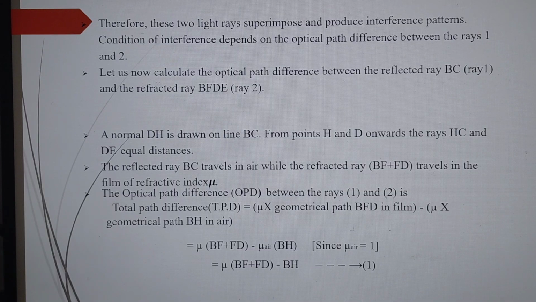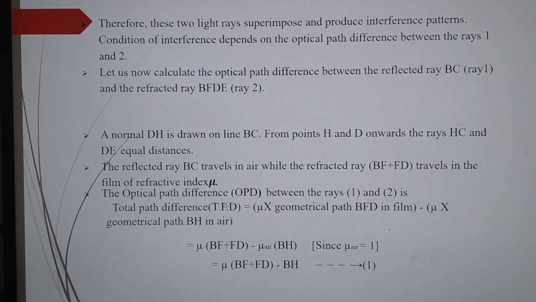Then the condition for interference depends on the path difference between rays 1 and 2. So let us calculate the optical path difference between the reflected rays, BC and BFD.